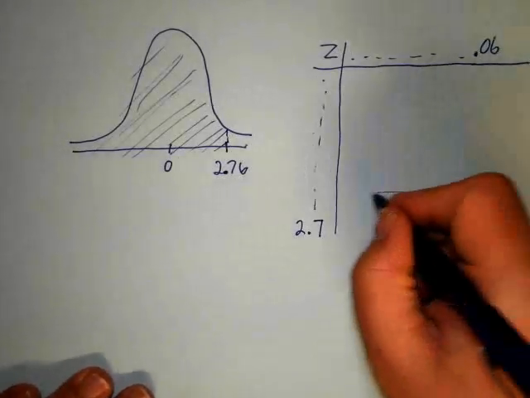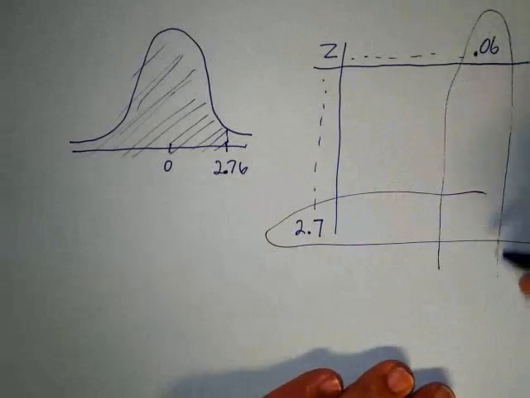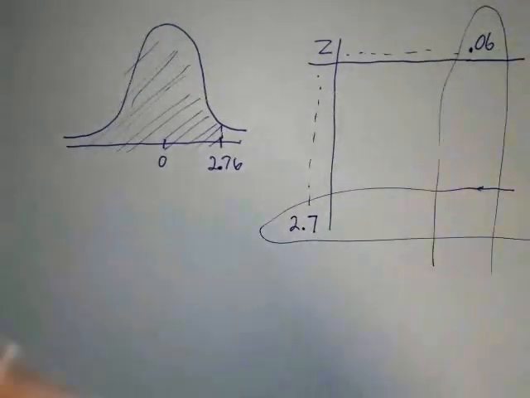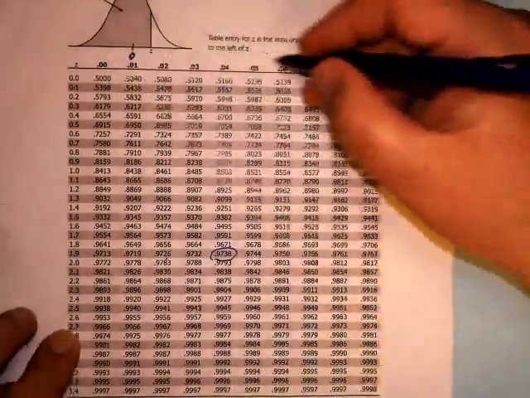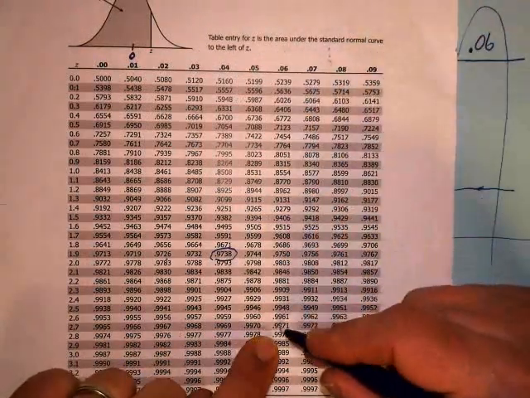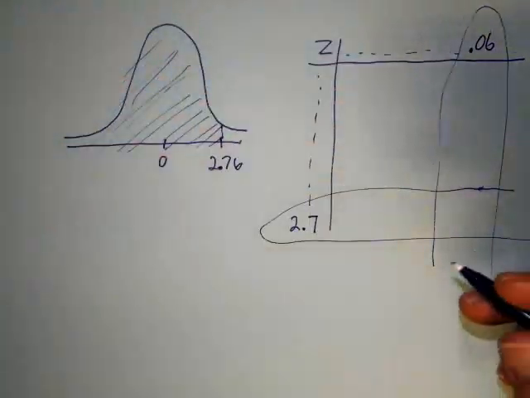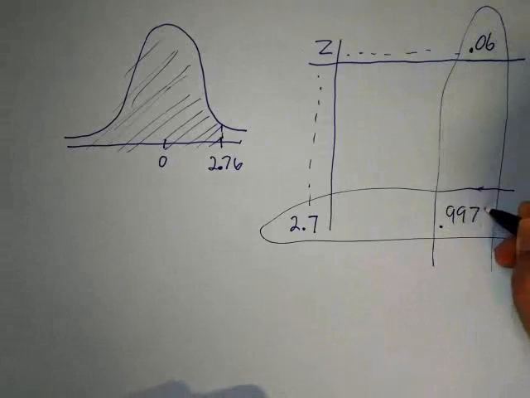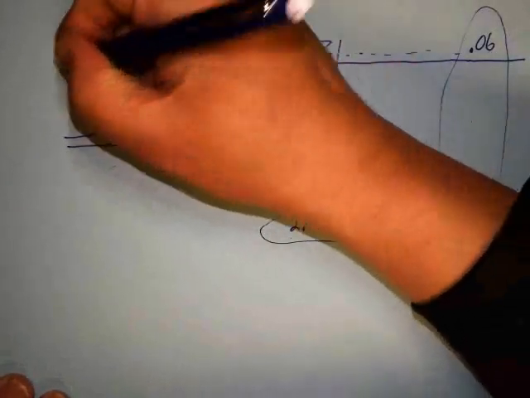Okay, and where this row and this column intersect, I get a 4-digit decimal number. Okay, so 2.7, 0.06, and these two intersect right here. I get 0.9971. Okay, and so that's this area over here.